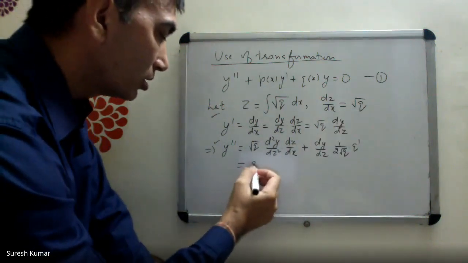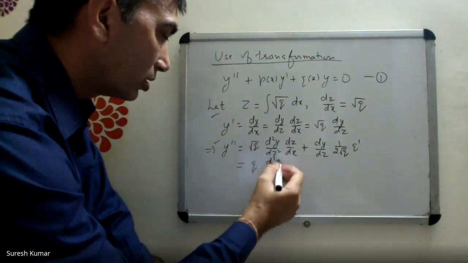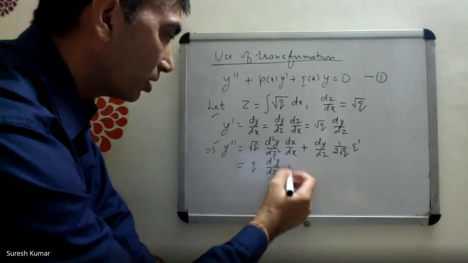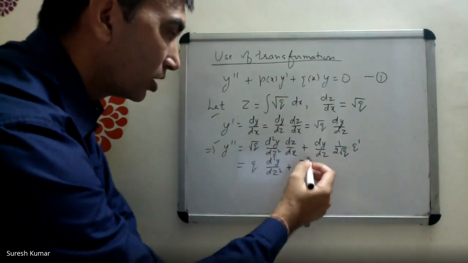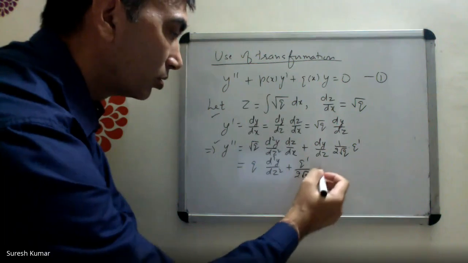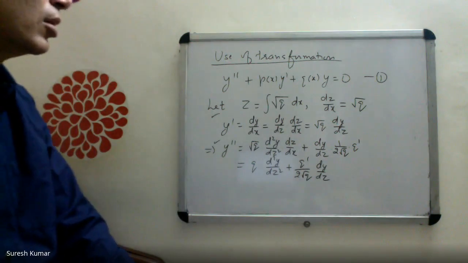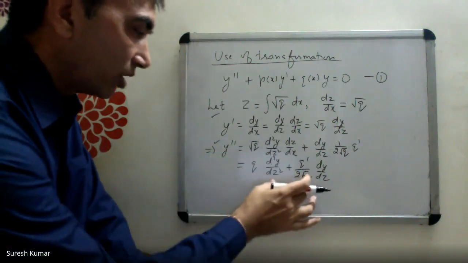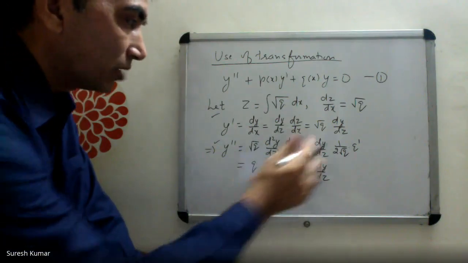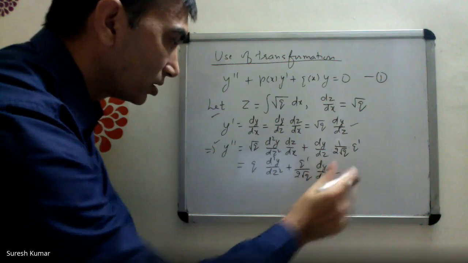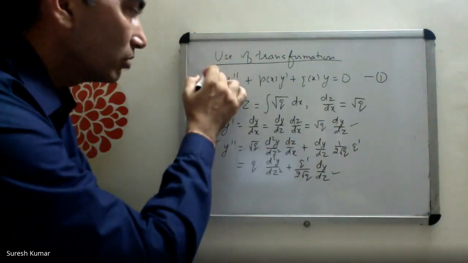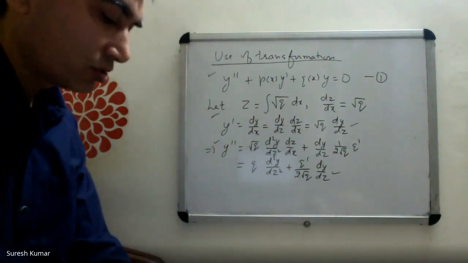So what do we get? q times d2y over dz square plus q prime over 2 root q dy over dz. So this is the final calculation for y double prime. y prime is already here. Substitute these two into the given differential equation and see what you get.